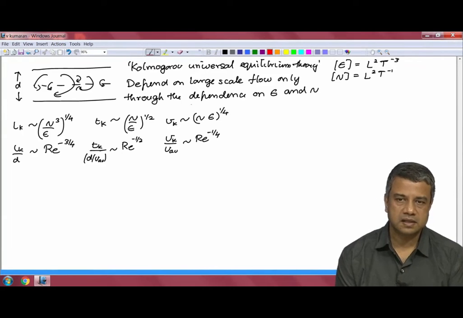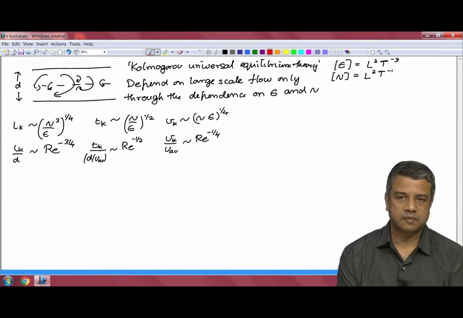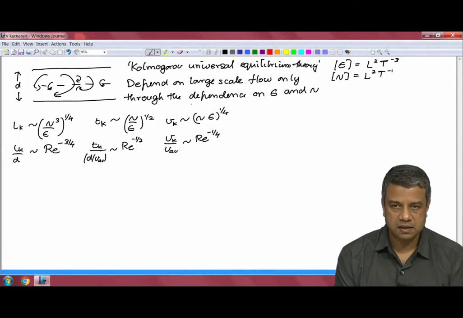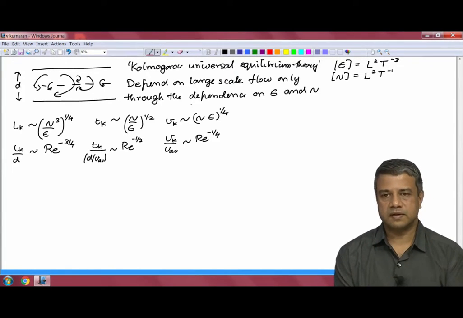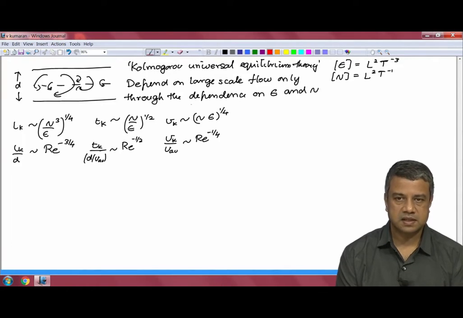So, an eddy at a particular location in the pipe, which is of much smaller dimension than the diameter of the pipe, cannot depend directly on the maximum velocity or the average velocity, because that velocity is varying over a large scale. It does not change the local environment around that little eddy.